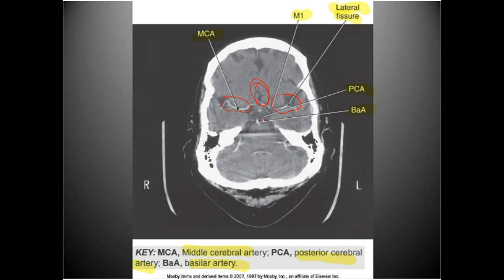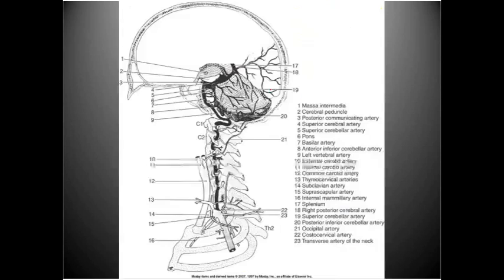And then we do see that we have this area here, which is the basilar artery. We have the falx cerebri here, lateral fissure here, and so this just kind of demonstrates to you all the branches.